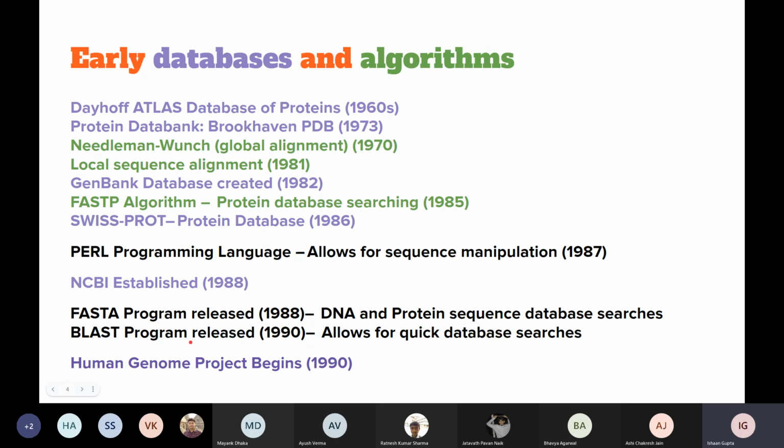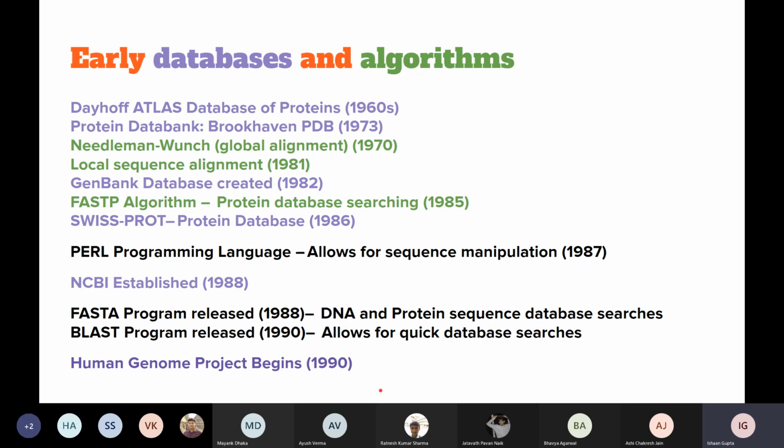Then in 1990, a really big event happened in terms of algorithms. The BLAST algorithm was released, which allows for much faster database searches. And around 1985 to 1990, that is where the Human Genome Project was conceived, and there was a host of technologies that came about.